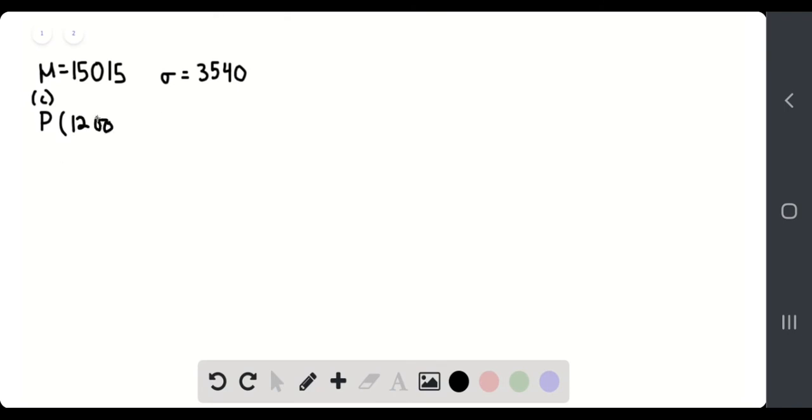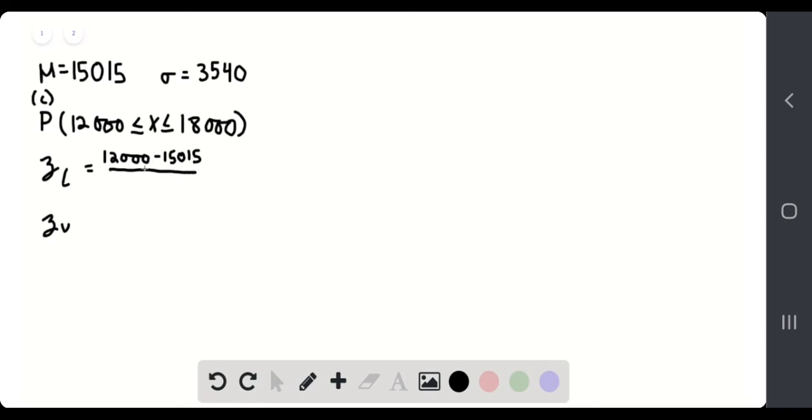All right, so let's find two z-scores. I'm going to write them as z lower and z upper. So z lower is going to be the same formula, divided by that.